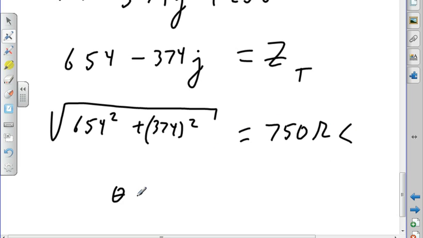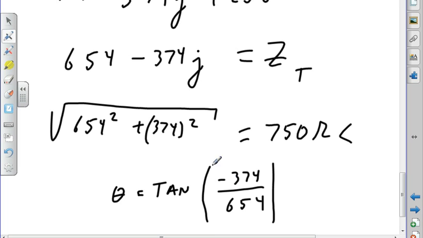Okay, so theta is going to be the arctangent of minus 374 divided by 654, and that's going to be an absolute value, and this has to be a reference angle.